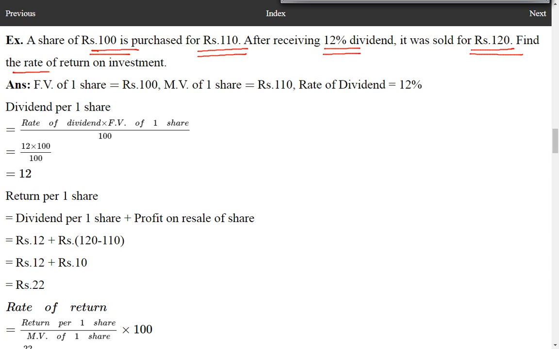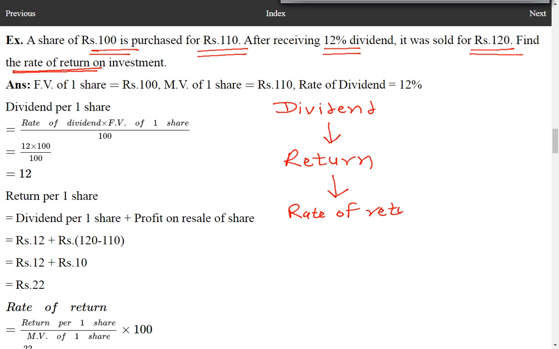Again we have to find the rate of return on investment. So the basic outline is going to be the same. First we have to find dividend, then we have to find return, and after that we have to find rate of return.